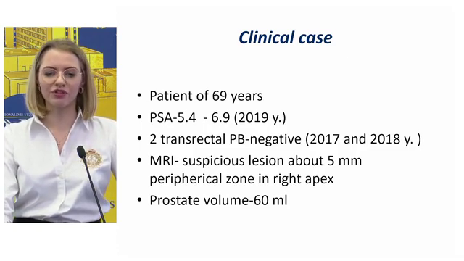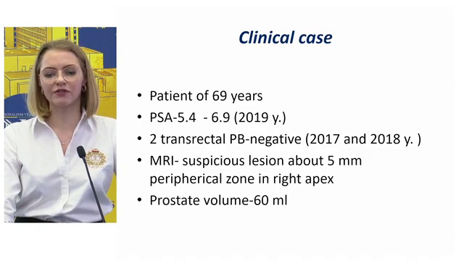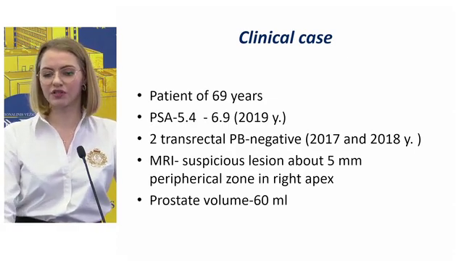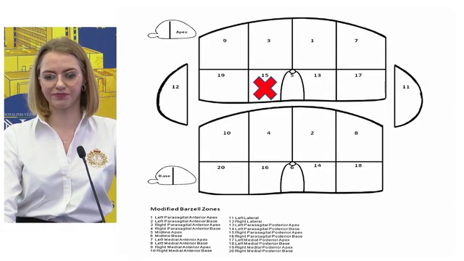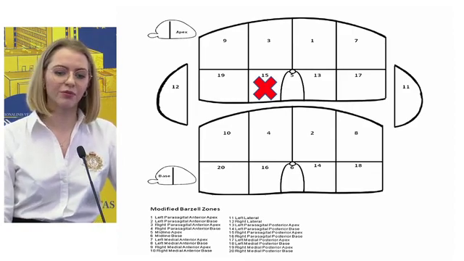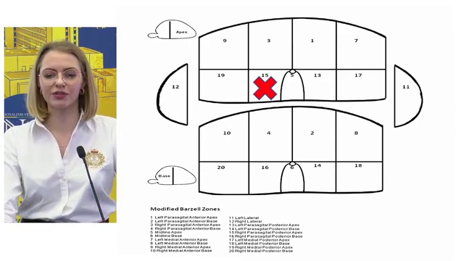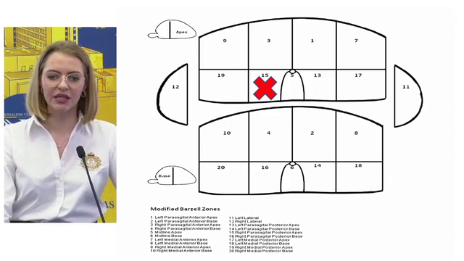On MRI, we saw a suspicious lesion of about 5 millimeters in the peripheral zone in the right apex, and the prostate volume was 60 milliliters. Here we see the modified Barzell zones that are used for transperineal biopsies.